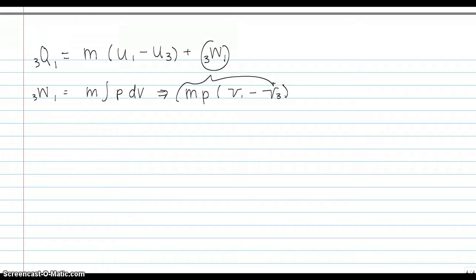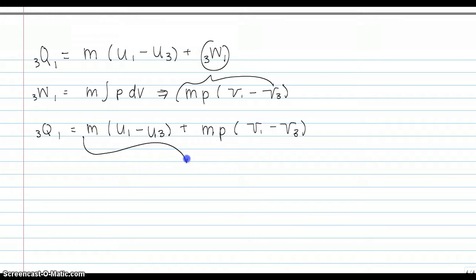Your equation becomes Q from 3 to 1 is equal to mass times U1 minus U3 plus mass times pressure times V1 minus V3, which can be simplified into a simpler equation: mass times C of P times T1 minus T3.